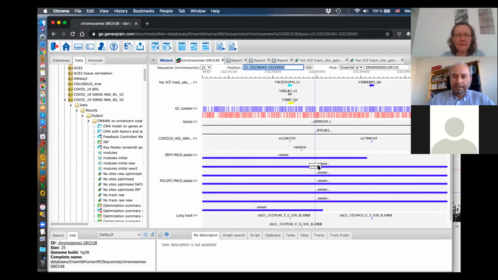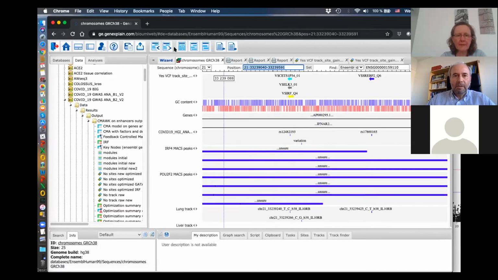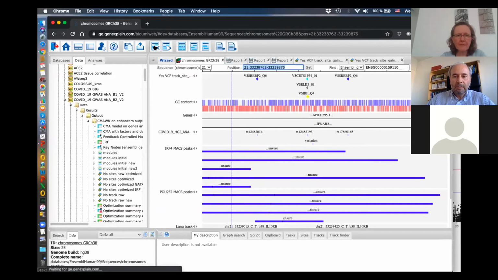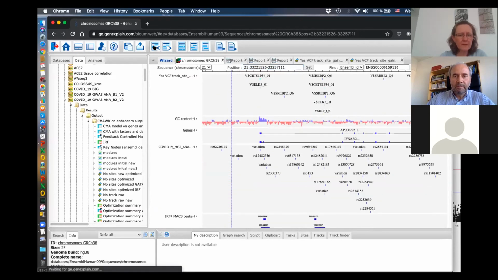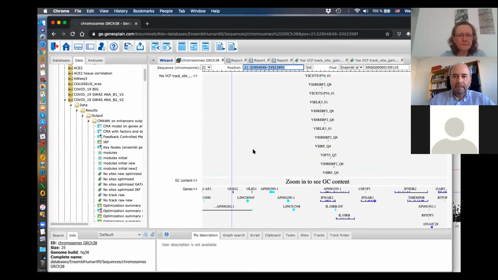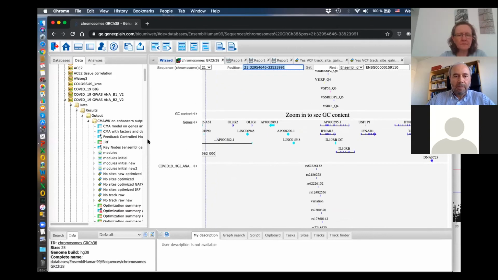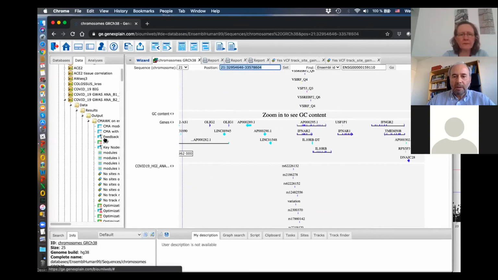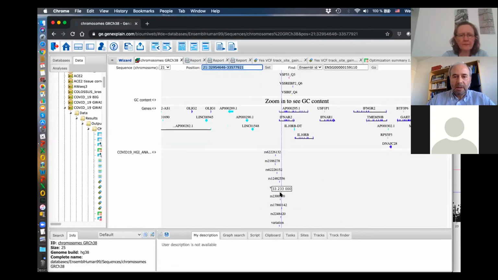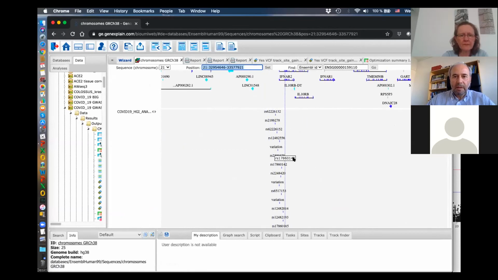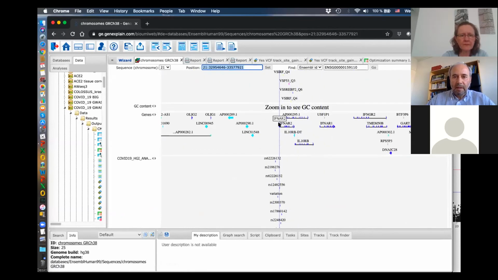So what happened here? If we zoom out a little bit, you see those SNPs which are associated with COVID. They are here, and here are the genes.